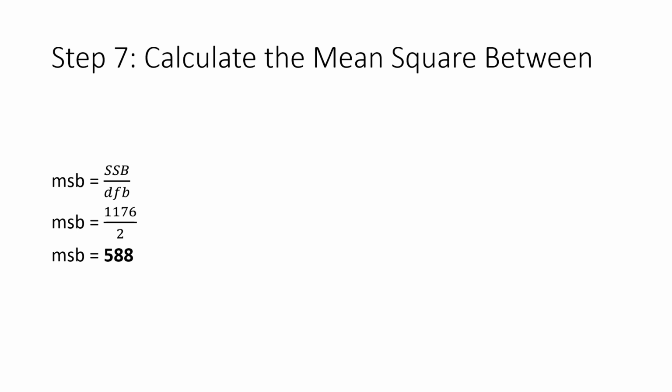So to calculate the mean square between, we simply take 1176 and divide that by 2. When you do that, you get a mean squares between of 588. Now just hold that number again in your mind, if you will.